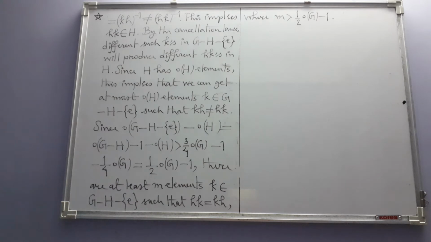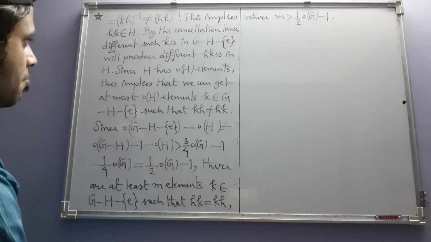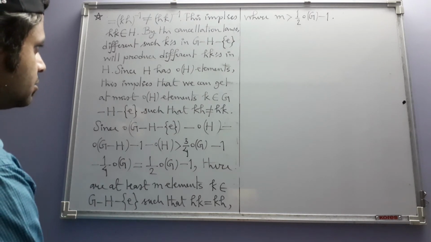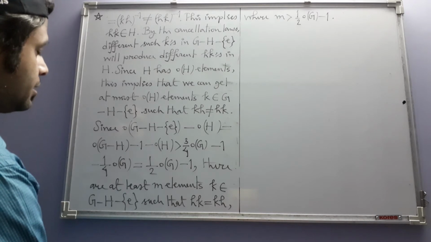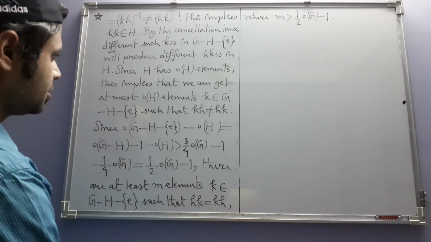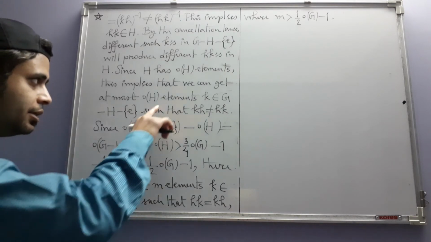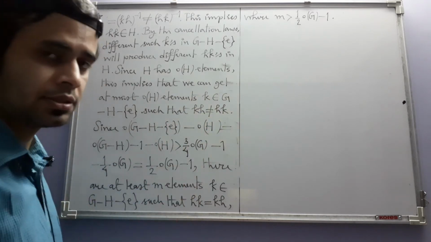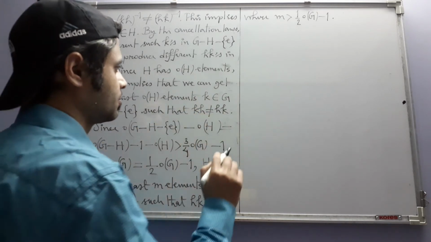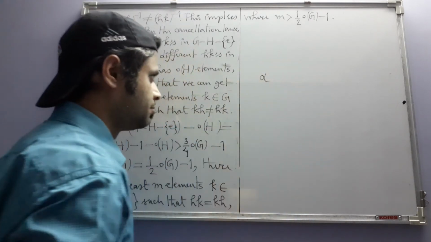Let us now see this final part. Since H has order of H elements, this implies that we can get at most this many elements k for which this happens. Let us denote the number of elements k in G for which this happens by alpha.